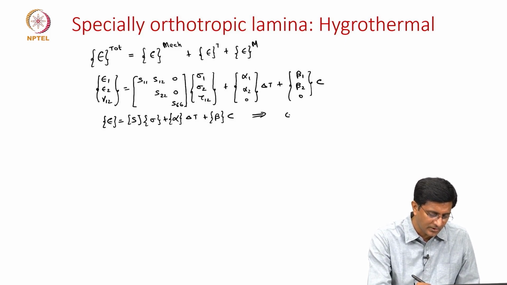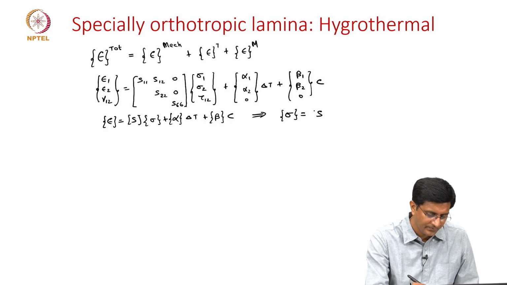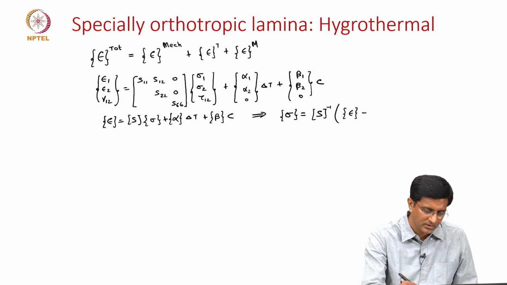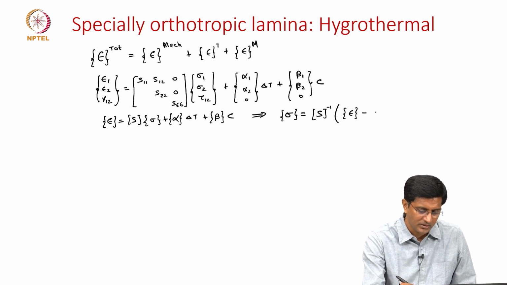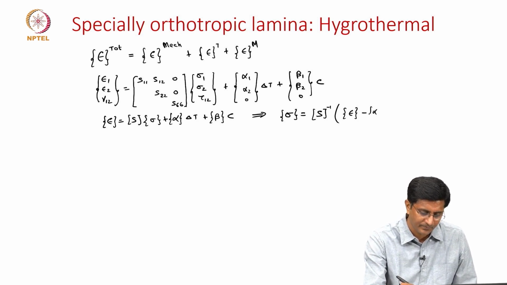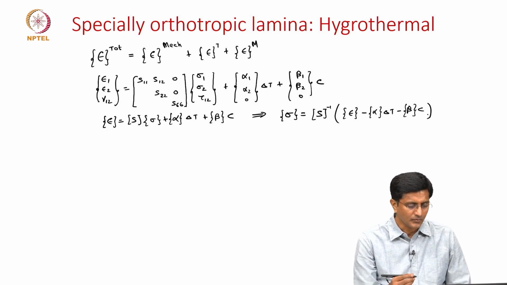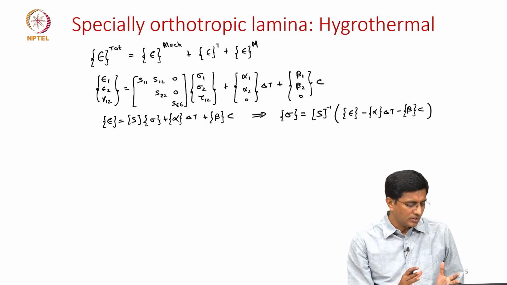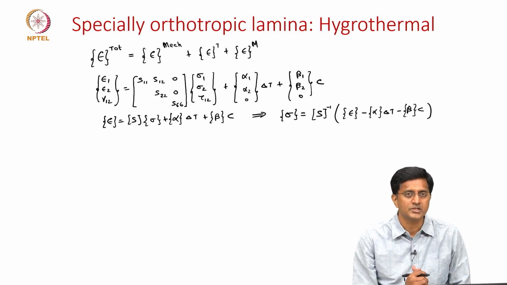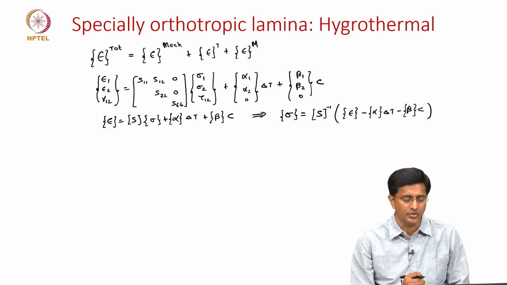For me to write the stresses, I should write it as S inverse times the total strain minus alpha delta T and beta C. So this should give the stress-strain relations for specially orthotropic lamina under hygrothermal loadings.